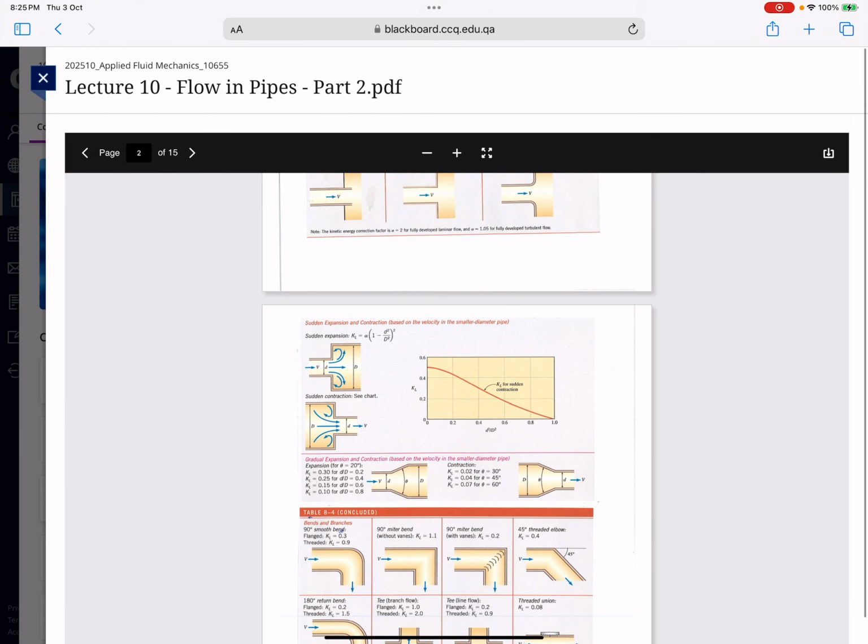Do we have 0.666 in this table? No, we have 0.6 and 0.8. For 0.6 we have 0.15 KL, and for 0.8 we have 0.1 KL. So now we need to do the interpolation because we need to find exactly what KL is at 0.666.